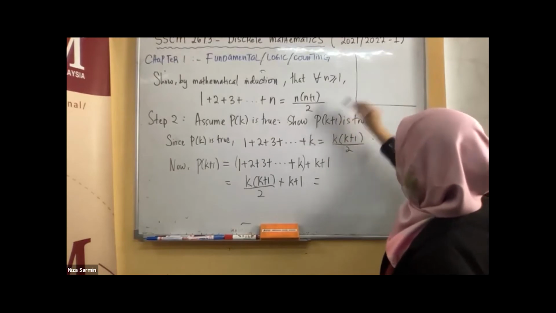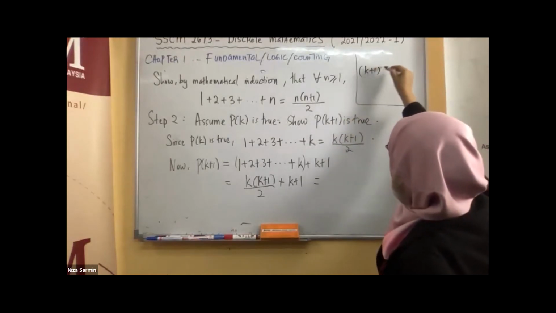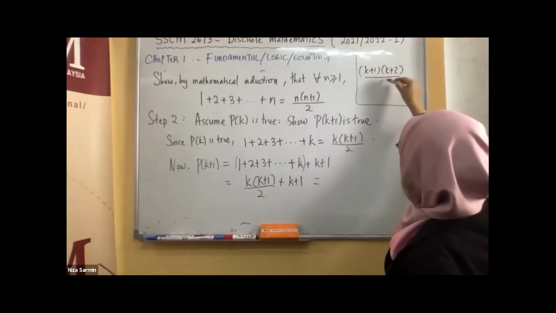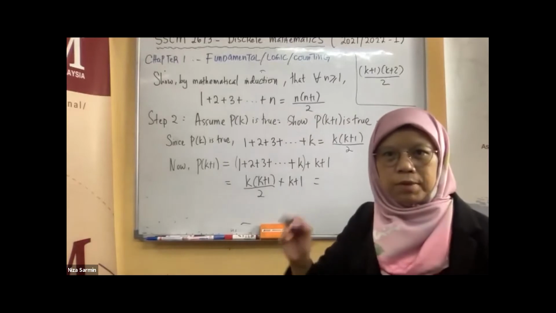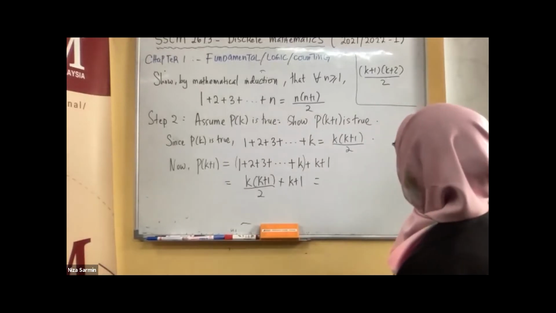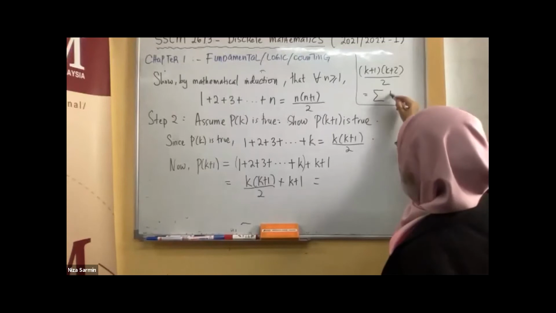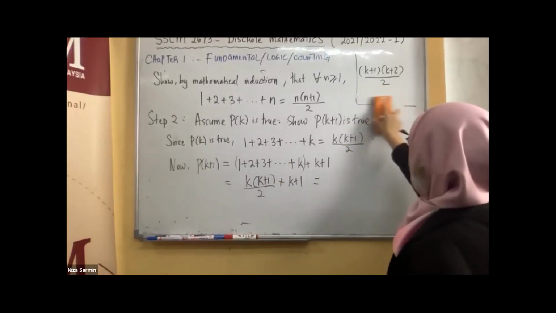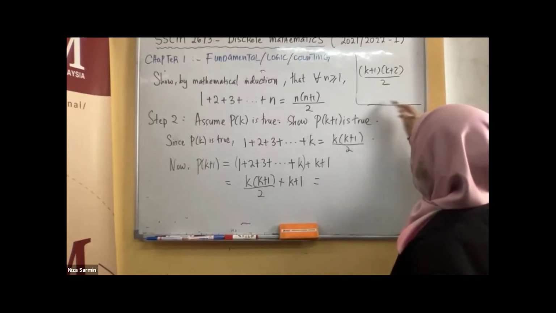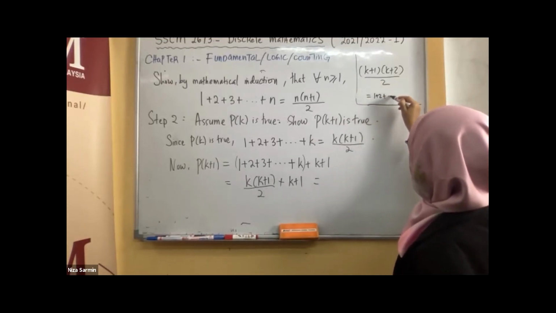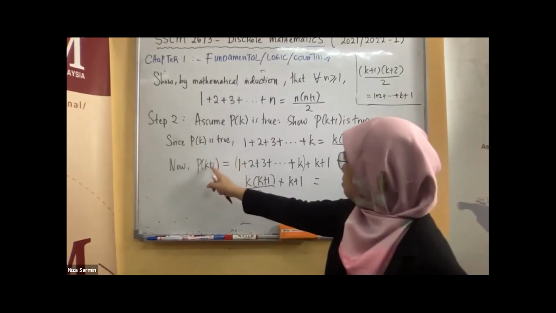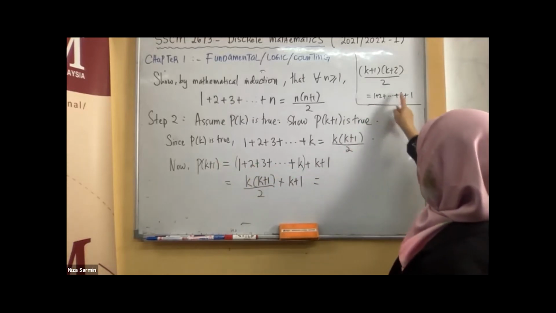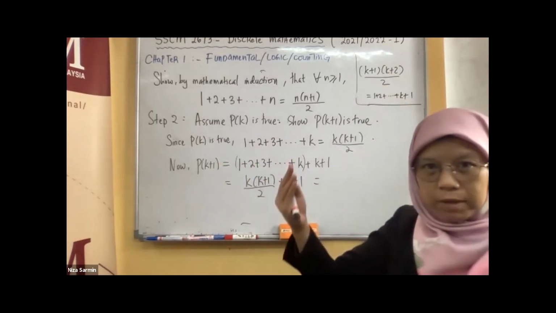Meaning you have to show (k plus 1)(k plus 2) over 2 equals 1 plus until k plus 1. I just put it like this. This is what you want to show. So I take the left-hand side, and I want to show that in the back of my mind.